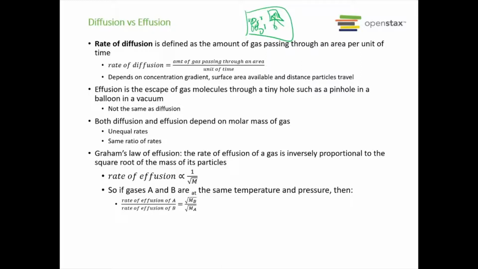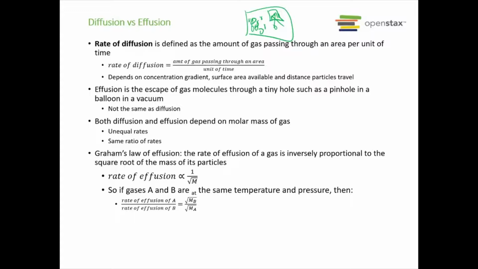There's really tiny holes in it, so it's able to escape through it. So it's not the same as diffusion. But both diffusion and effusion depend on the molar mass of the gas. That's going to influence how fast they're moving and how big they are. So they can have unequal rates, but the ratio of the rates are the same.